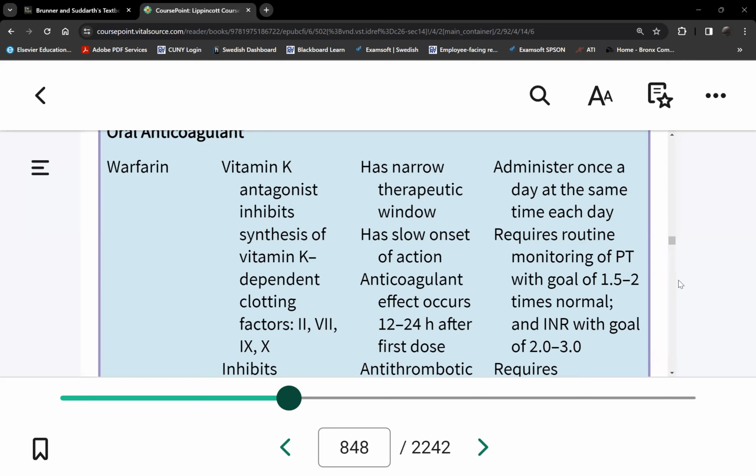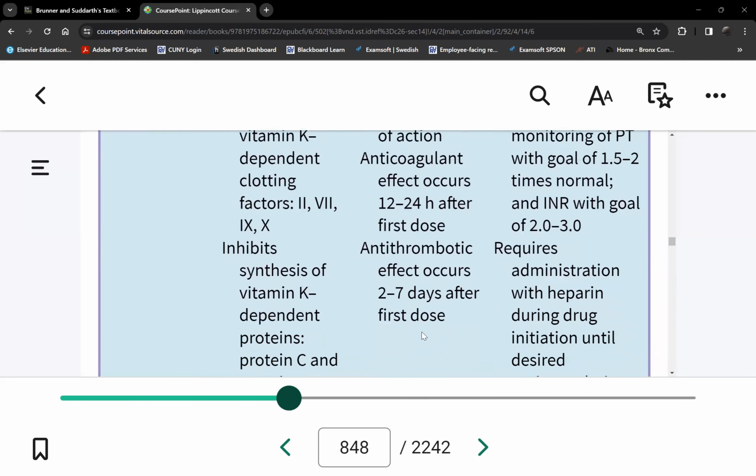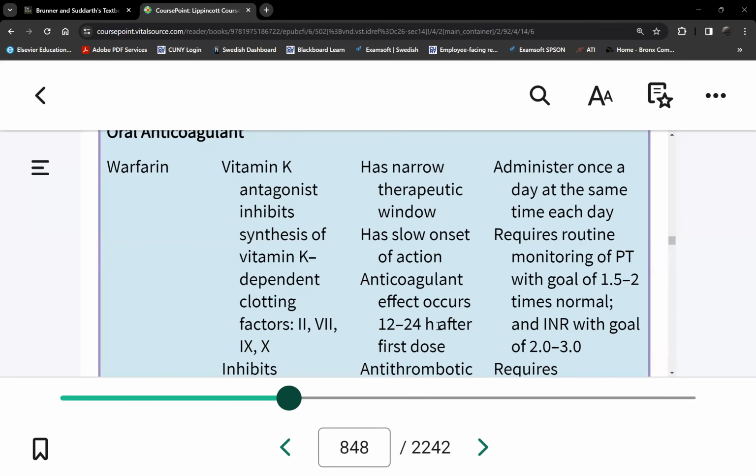Warfarin, however, how does it work? Talking about warfarin. Let me check the board. Here's his textbook. Okay, that was heparin. So warfarin, how does it work?